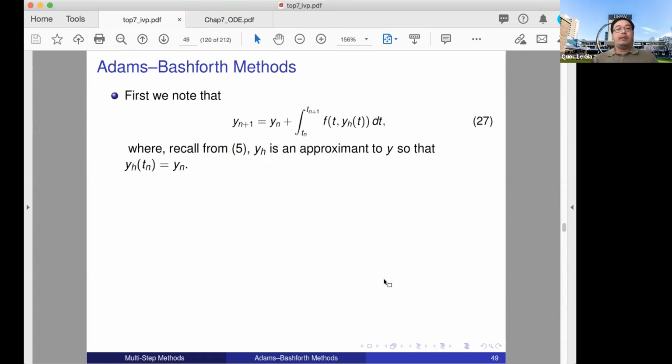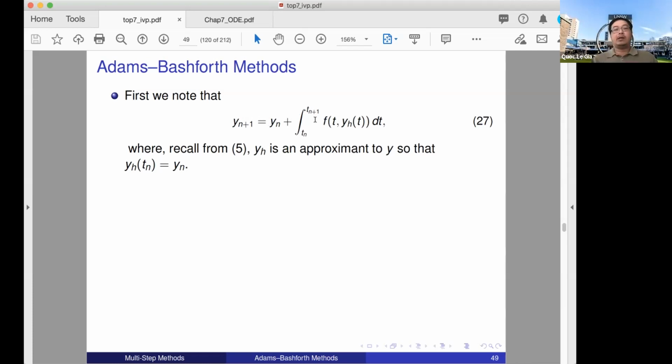So now let me introduce the general idea. The general idea is, we start with the fundamental theorem of calculus. So remember, we compute yn plus 1, which is yn plus the integral from tn to tn plus 1 of the function f, right?